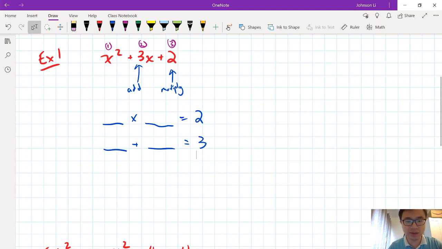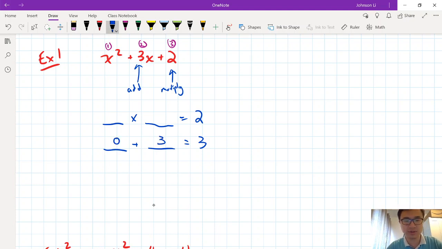So these two numbers have to be the same pair for both conditions. For example, 1 and 2 would work: 1 times 2 is 2, and 1 plus 2 is 3, so that is a-okay. What you cannot do is, let's say, 0 plus 3.